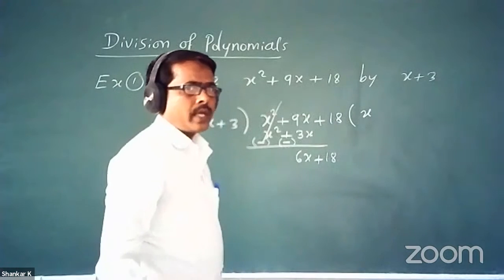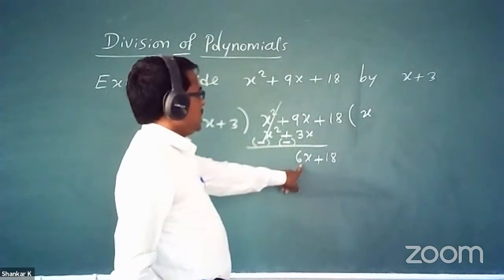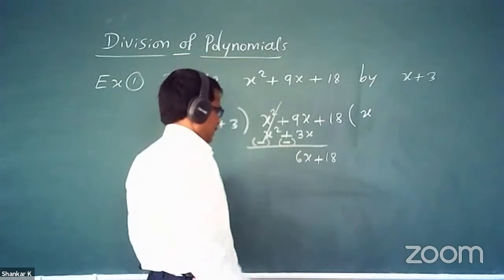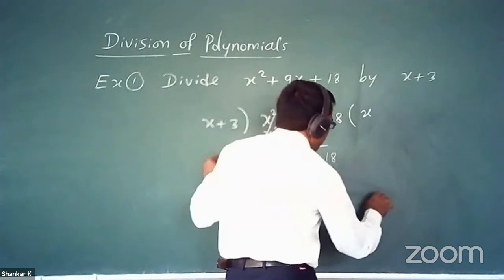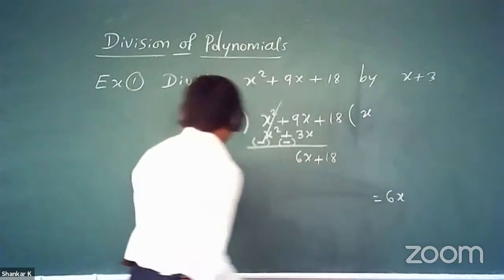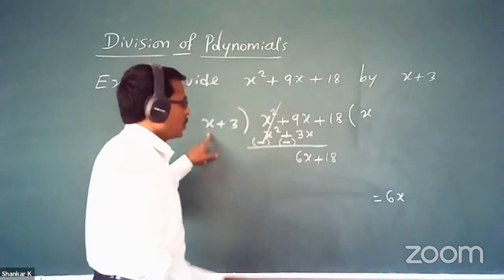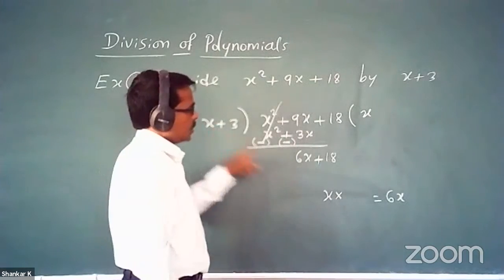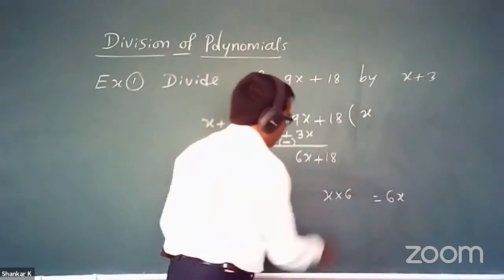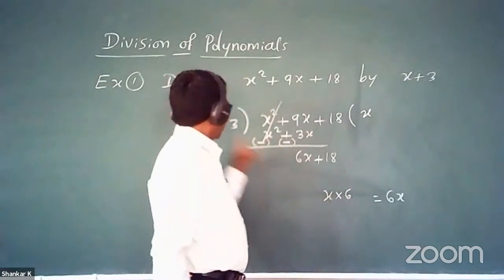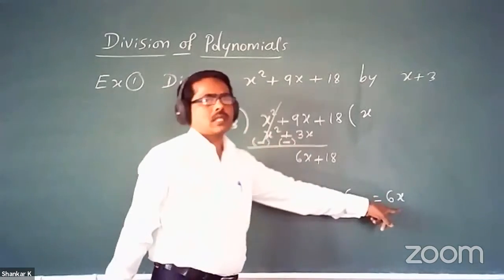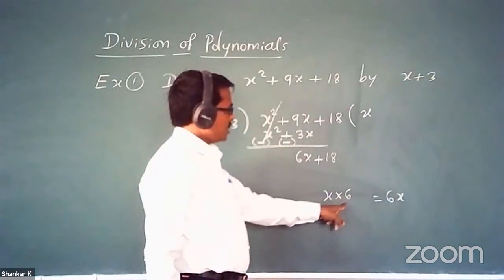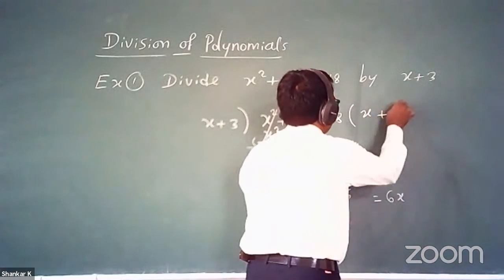Now, what should I get? I should get 6x. To get 6x, how much should we multiply? Here the first term is x. To x, I should multiply 6. If I multiply 6 to this x, I'll get 6x. So I should write 6 here.